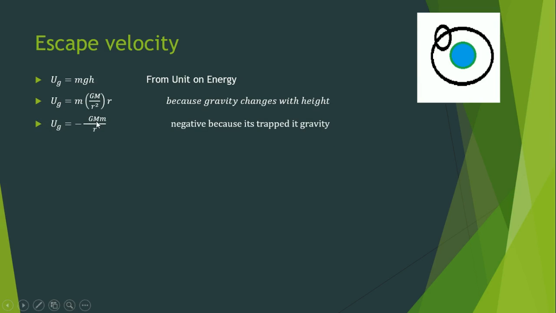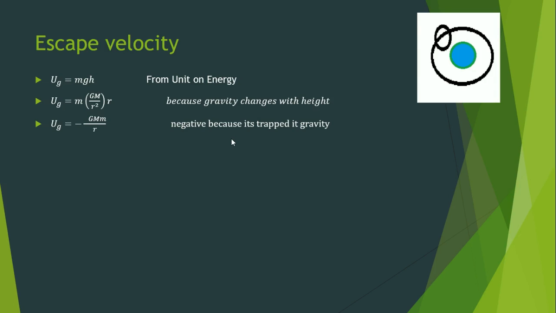negative G big M little m over r. One of the r's cancels because the r squared is in the denominator and r is on the top. And then we just put everything together and we put a negative sign because the negative signifies being trapped by gravity. When you're in gravity, you are technically stuck on the planet.